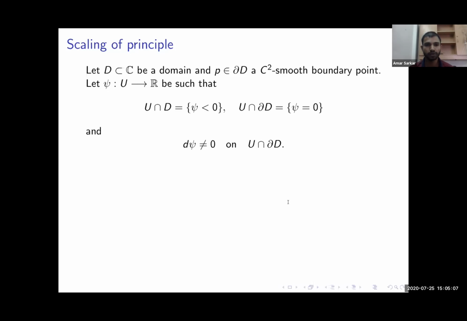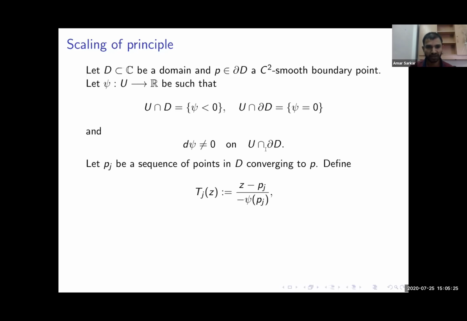Points in U intersection D are those where psi is negative, and U intersection the boundary is where it is 0, and we also want the gradient of this defining function to be non-zero on U intersection D.